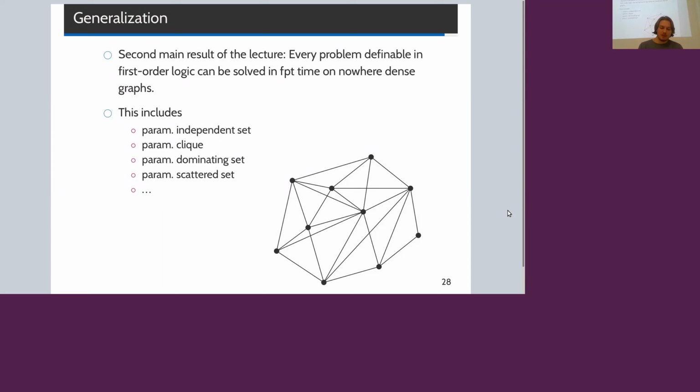And now we're going to show that you can solve parameterized independent set, for example, efficiently, or the parameterized clique problem, or parameterized dominating set. And here the parameter is always going to be the solution size. So if you're interested in finding an independent set, clique, or dominating set of small size, then you get an FPT efficient algorithm on nowhere dense graph classes.